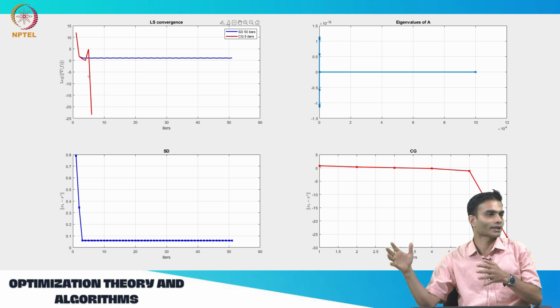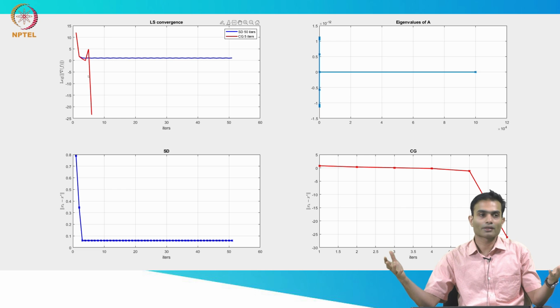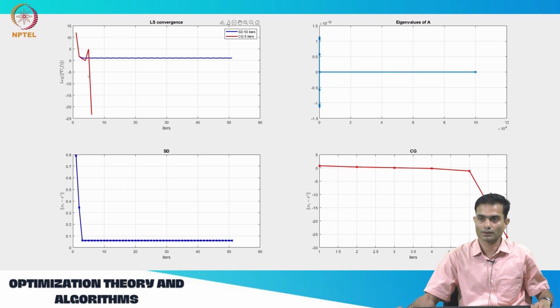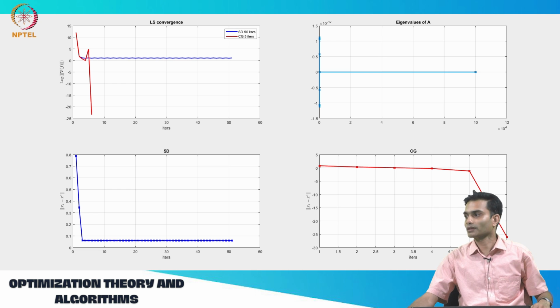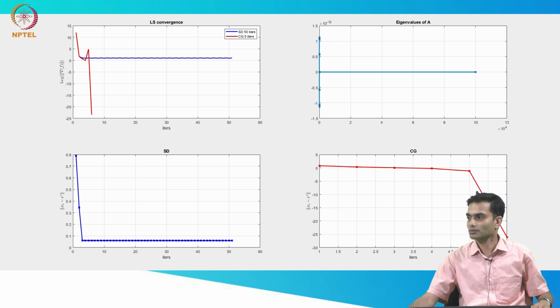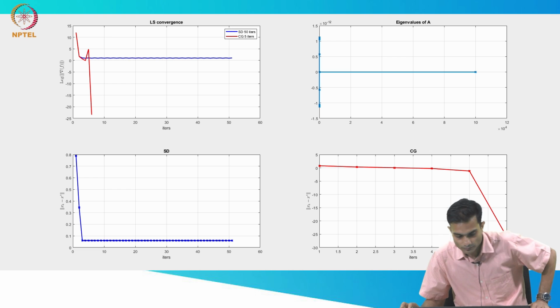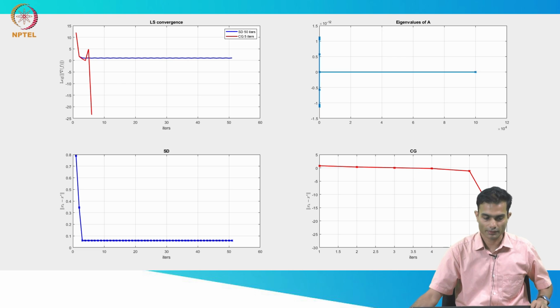So we will come to that next. If you take any real life implementation of CG, no one would write it the way I did. They would do a preconditioning and then run it. So we'll look at that next. This is purely due to numerical issues. The condition number is what is messing you up.